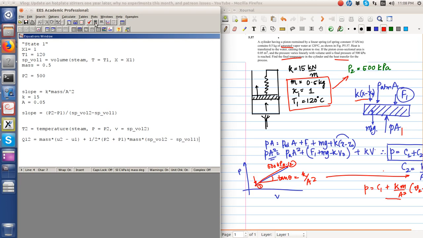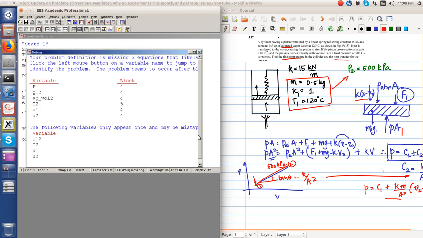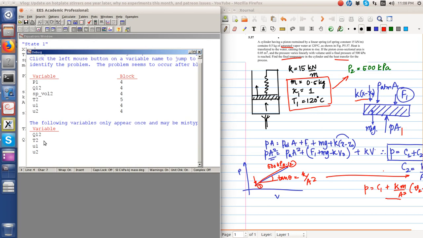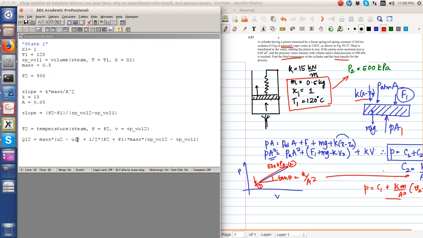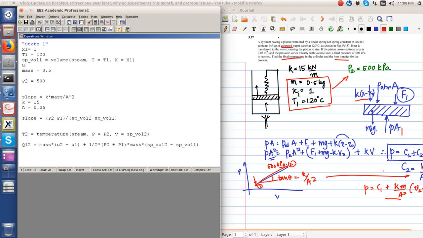Okay, let's see. There seems to be some errors in the definitions. So we have not yet defined what these are. U1 is equal to the internal energy of steam at T equal to T1 and X equal to X1.